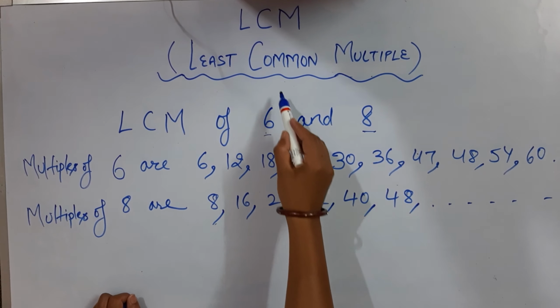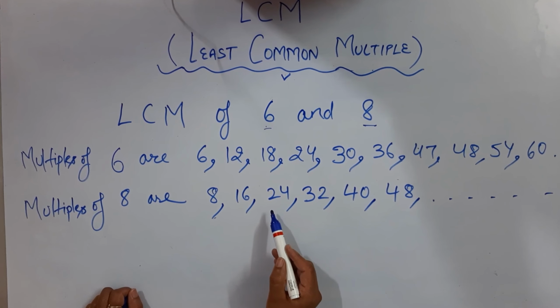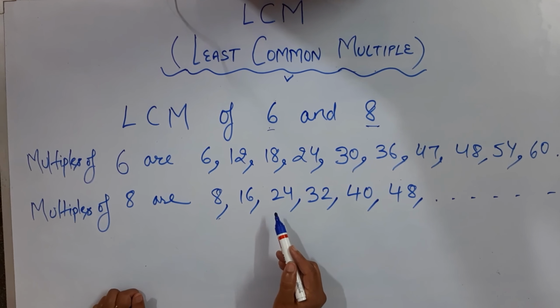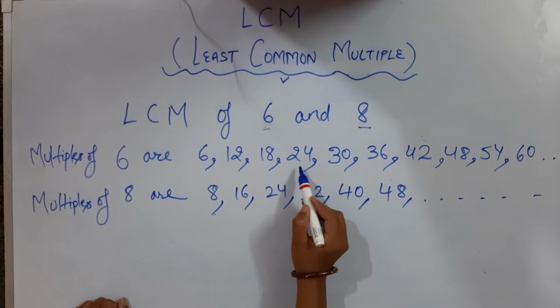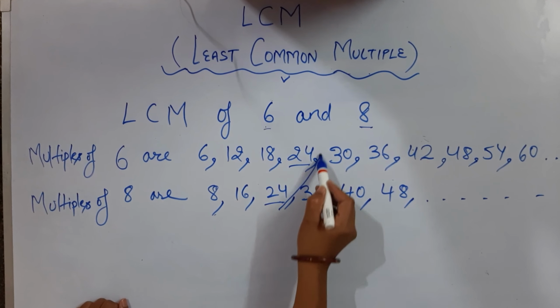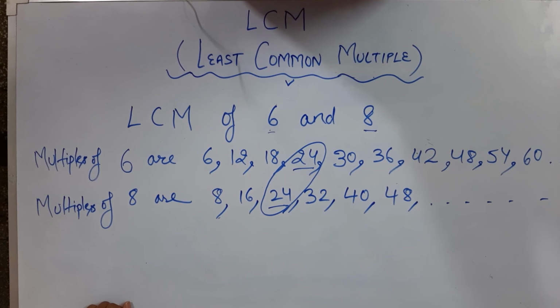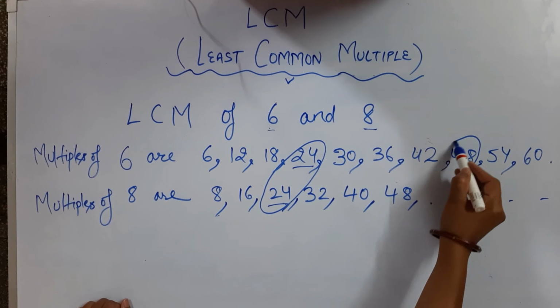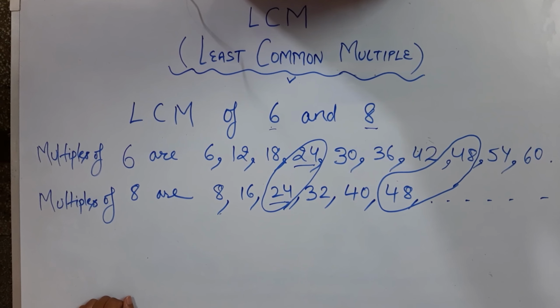Now what we have to find? Second step, common multiple. Let's find which multiples are common here. Common multiples here are, see, 24 is common in the multiples of both numbers. Similarly, 48 is common. So on, there are many common multiples.